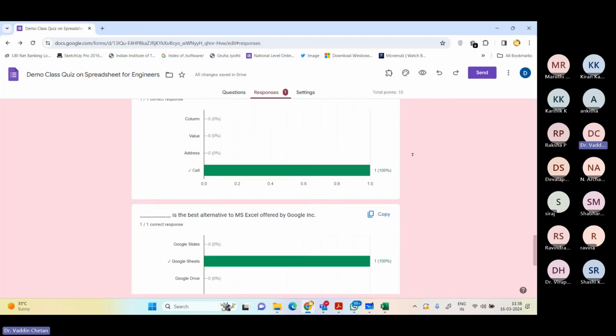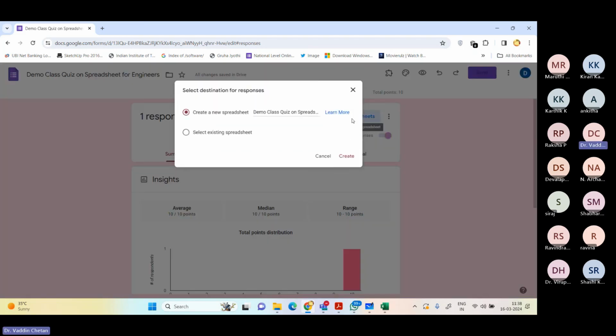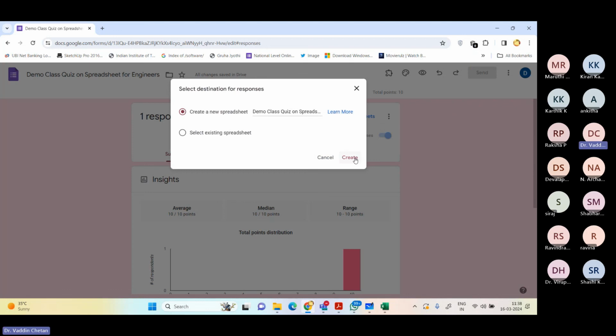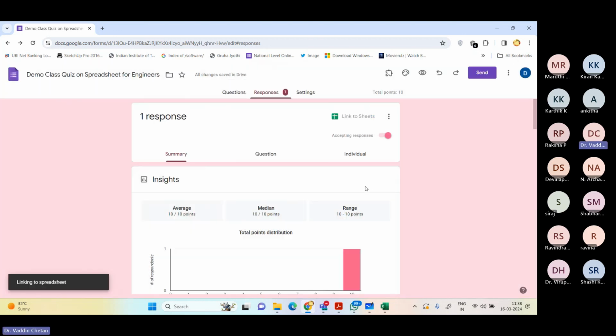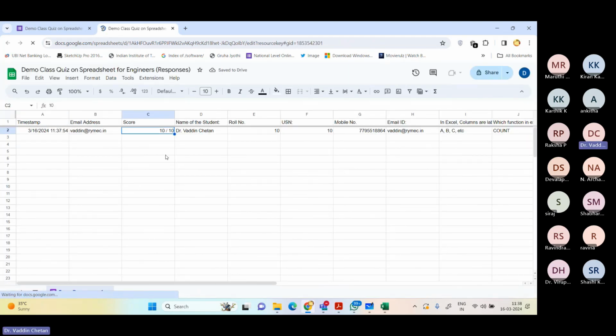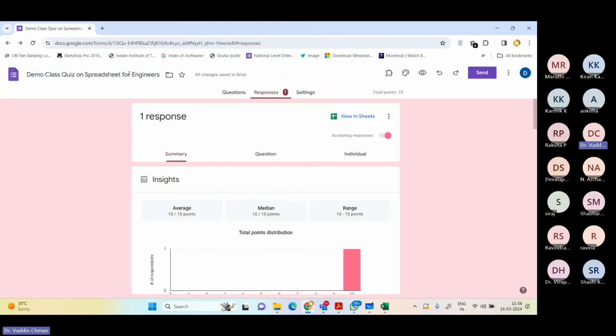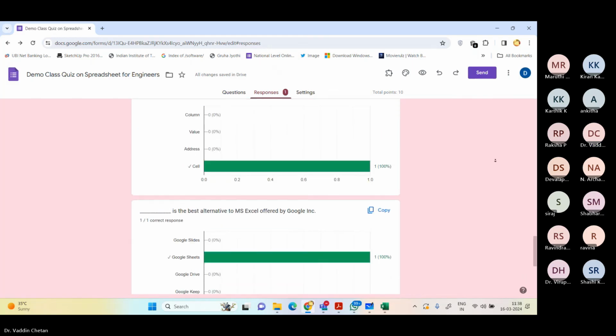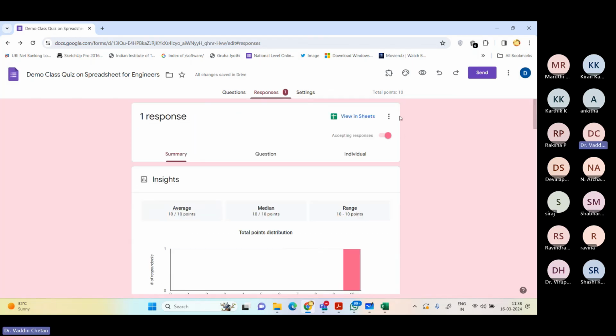Here I can say linked sheets, create a new sheet. So in Excel, I will get all those values. I got 10 out of 10. So this is how statistics will be done.